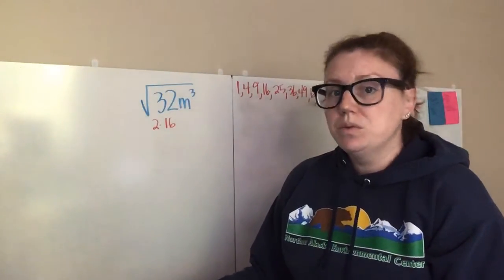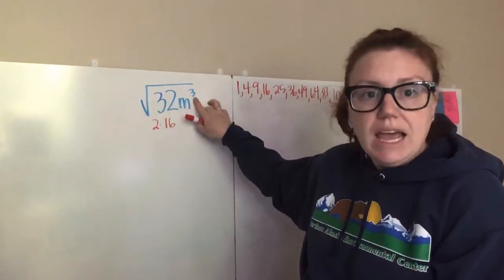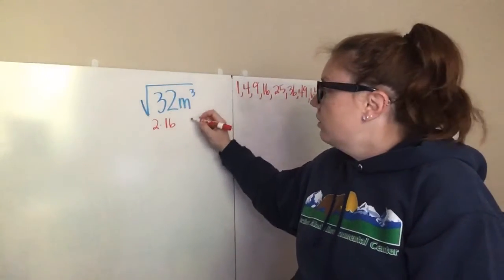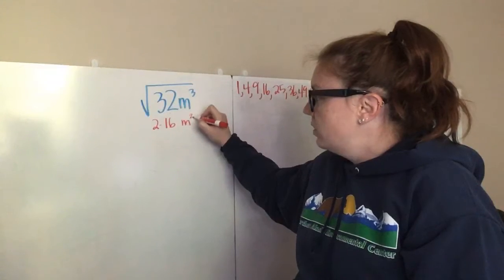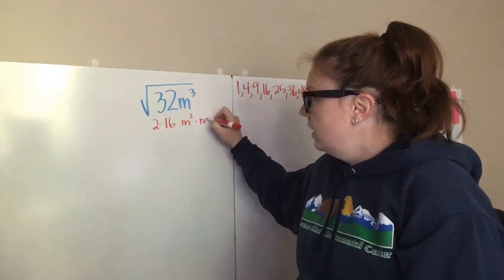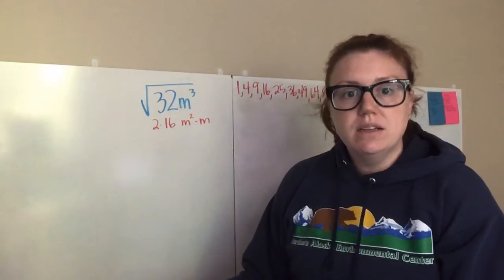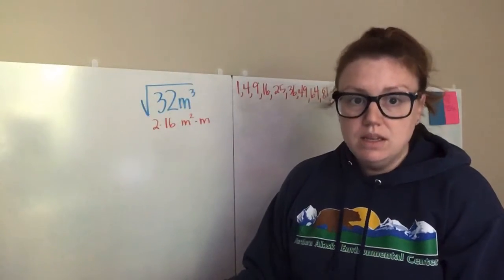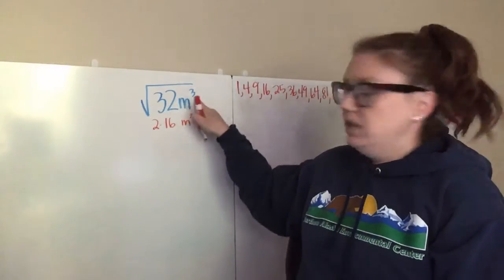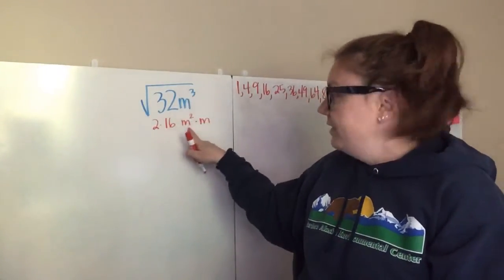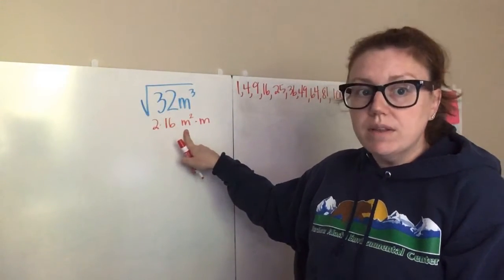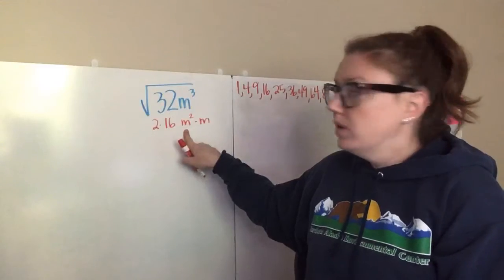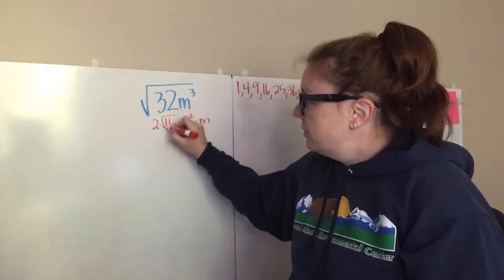And then our rule is if you have an odd exponent, you're going to subtract 1. So I'm going to do m squared times m, because m squared times m is m to the third. But I have to have even exponents in order to take the square root of them, in order to simplify the radical. So here's my perfect square right here.